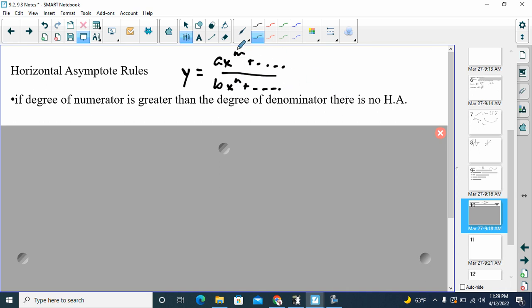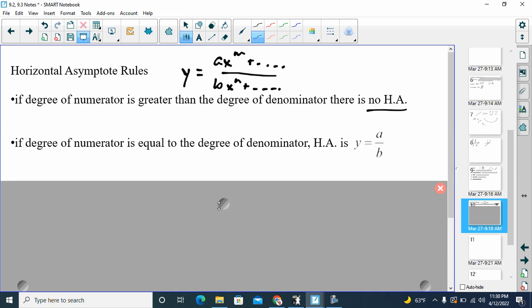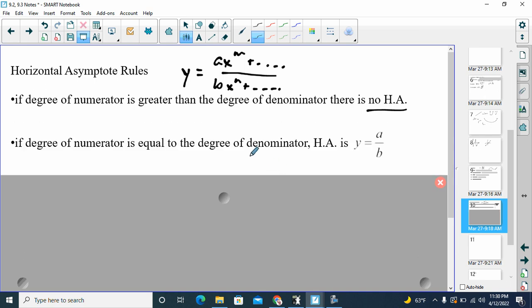So if m is the highest power of x on the top, n is the highest power of x on the bottom. If m is bigger than n, the degree of the numerator is bigger than the degree of the denominator, then we have no horizontal asymptote. If they're equal to each other, so m and n are the same, I have x cubed, and there's no powers of x on the top or the bottom that are bigger than 3, then I divide the leading coefficients.